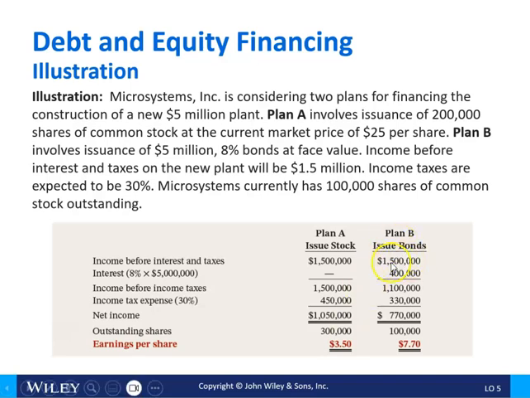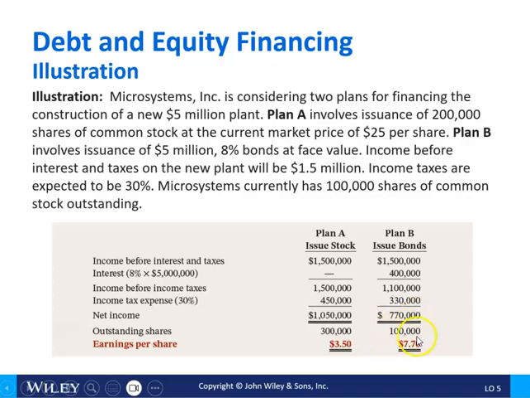If we issued bonds, we're going to have the same income before interest and taxes. Now we're going to have $400,000 of interest expense, 8% of the $5 million. So we're going to have lower income before taxes, which means we have lower income tax expense using the same 30%. And we have lower net income, $770,000.